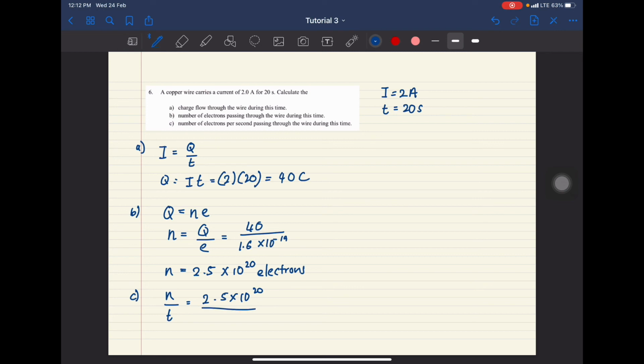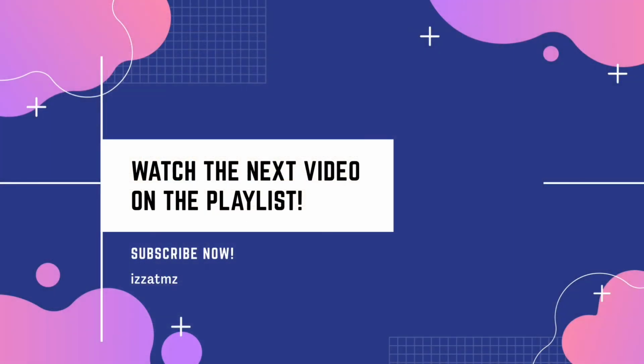So you just have to divide that by 20, which gives 1.25 times 10 to the power of 19 electrons per second. Alternatively, you can write s to the power of negative 1.